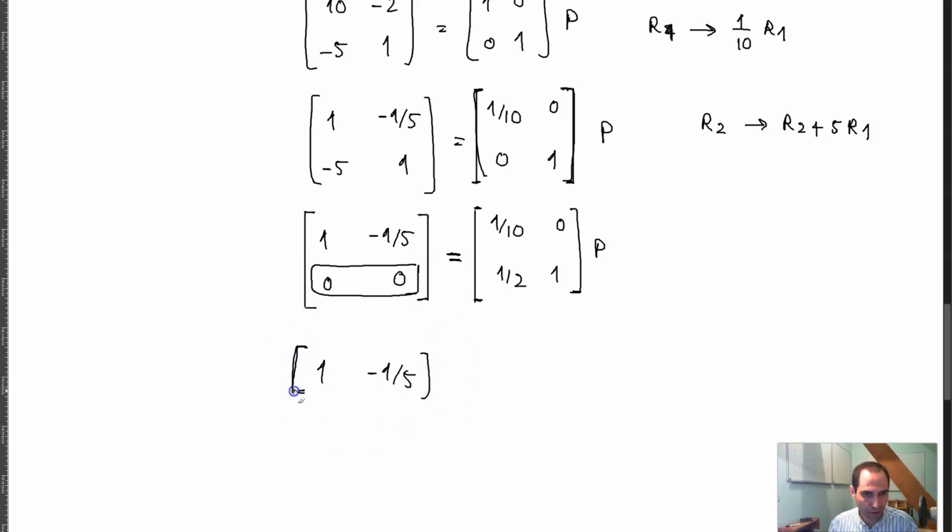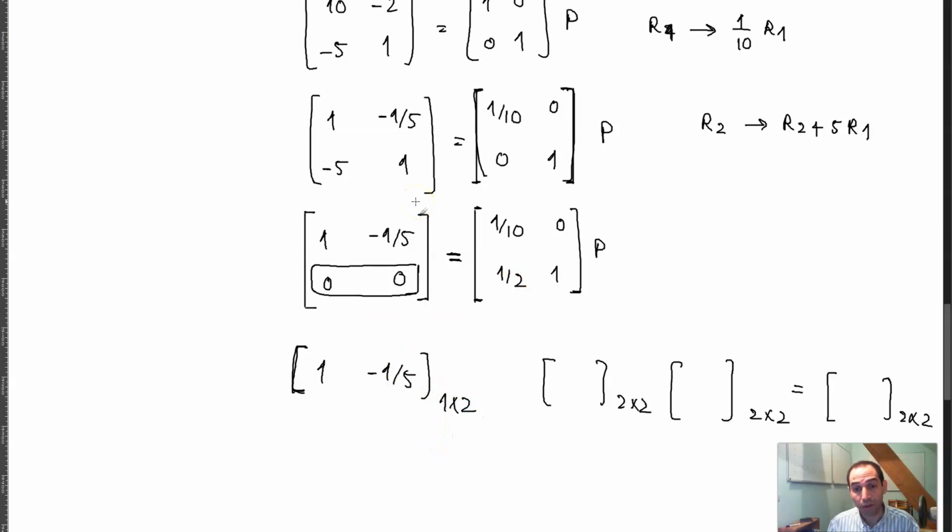And what that means is that you have multiplied a 2 by 2 matrix by another 2 by 2 matrix, meaning that you're supposed to get another matrix which is 2 by 2, but this matrix is a 1 by 2 matrix, which makes no sense. And for the same reason, I think, I'm not sure, again, that means that the inverse does not exist, because this operation makes no sense.